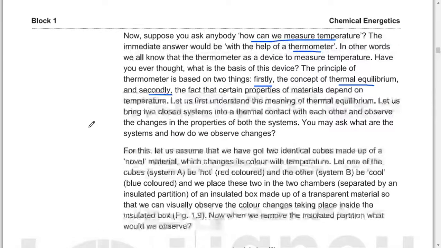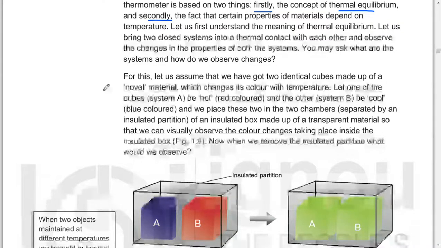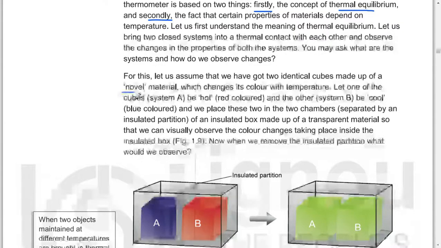Let us bring two closed systems into thermal contact with each other and observe the changes in the properties of both the systems. You may ask, what are the systems and how do we observe changes? For this, let us assume that we have two identical cubes made up of a novel material which changes its color with temperature.